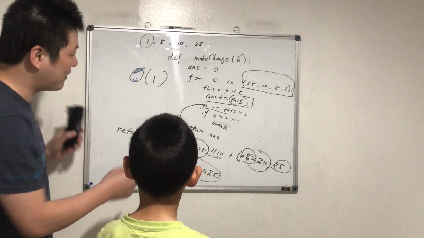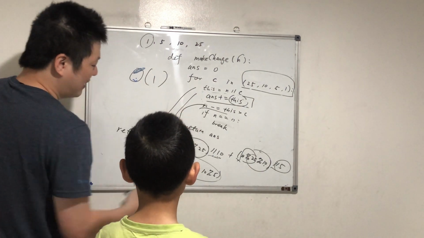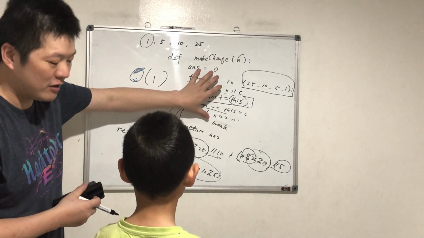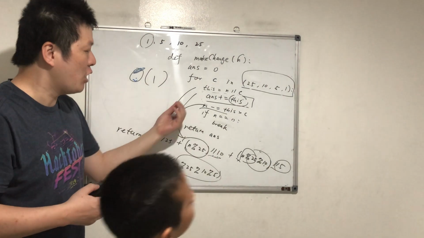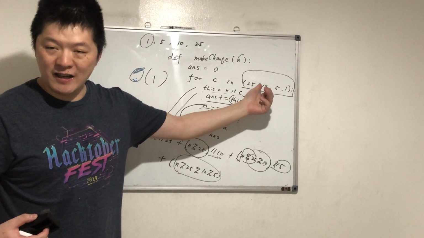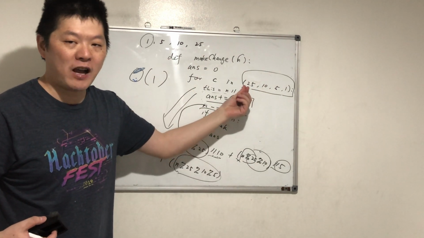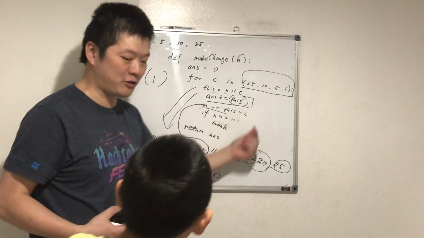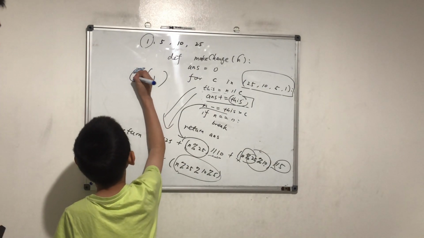Does it make sense? So these can be changed into these, but this is a more straightforward approach. We greedily try the largest coin 25, and then we try 10, we try 5, we try 1. Does it make sense?